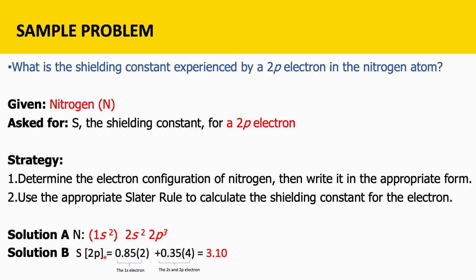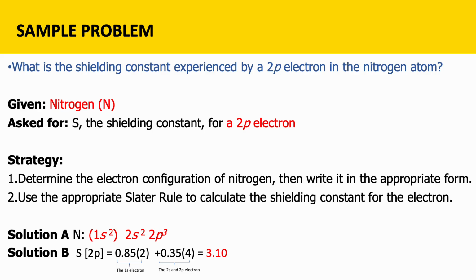So for your 2p electron, your 1s electrons have a value of 0.85, and that is the value for your shielding constant. And your 2s and 2p electrons have a value of 0.35. The problem says only one 2p electron, meaning this one electron here.